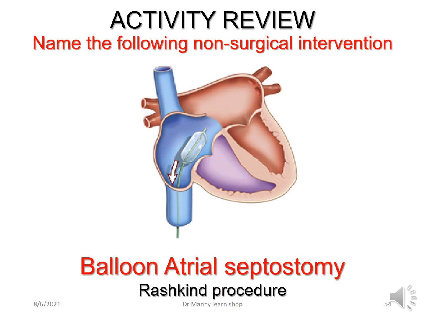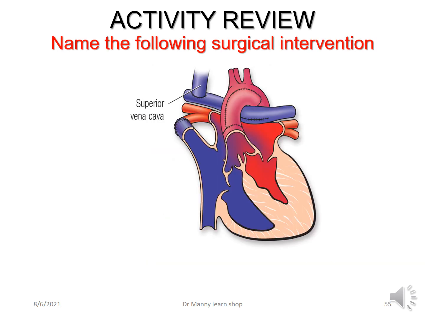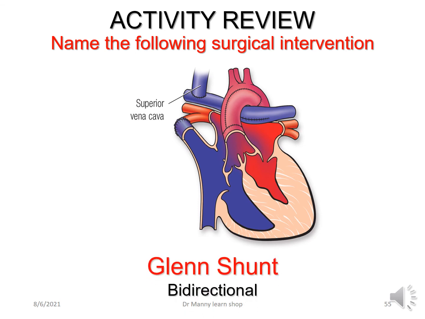This is the Rashkind procedure, the balloon atrial septostomy. What about this one? This is the Glenn shunt, or the bidirectional Glenn shunt.